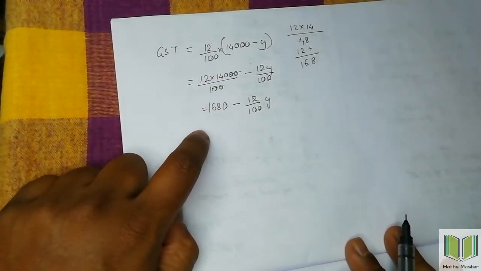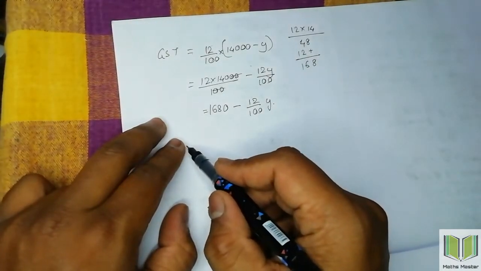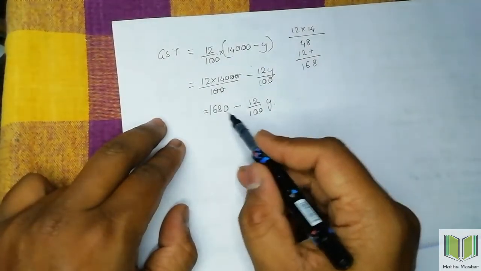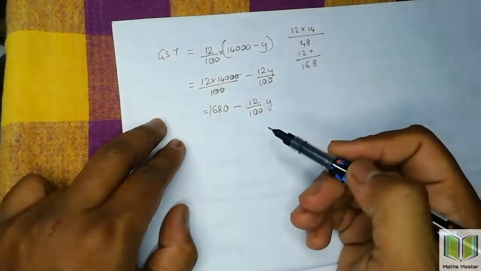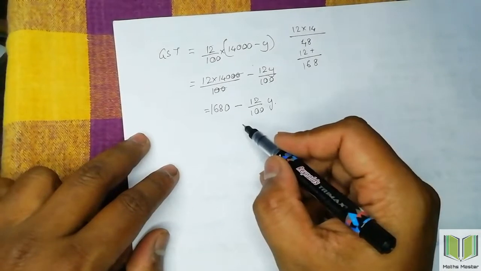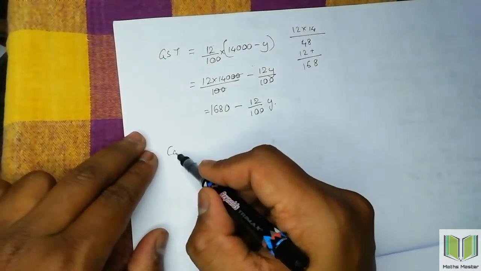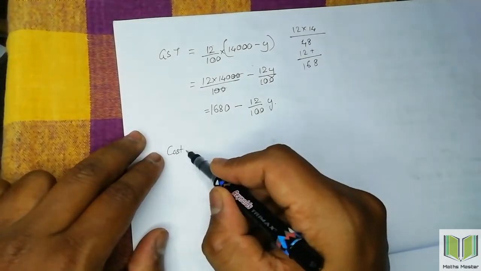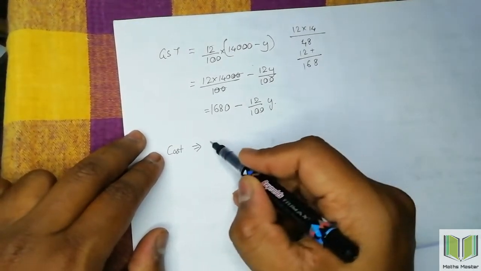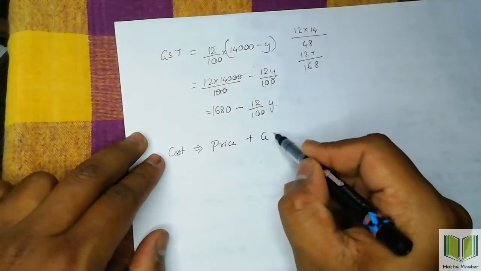So when I solve this one, according to the question, the cost will be equal to price plus GST, right?